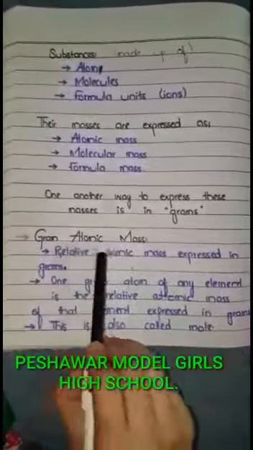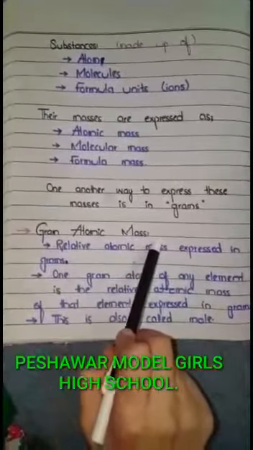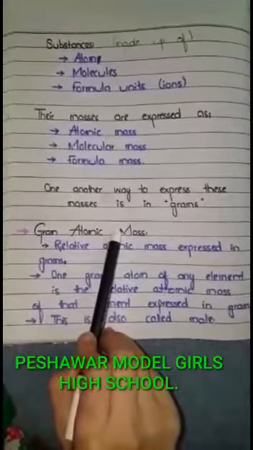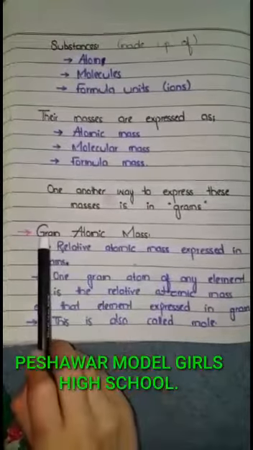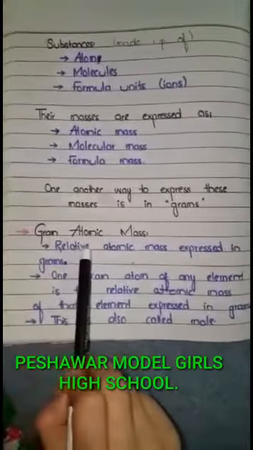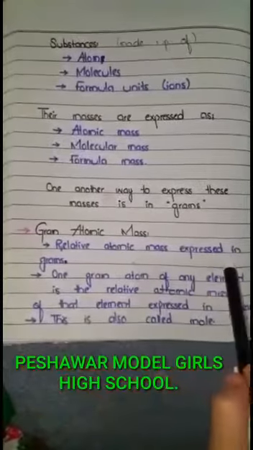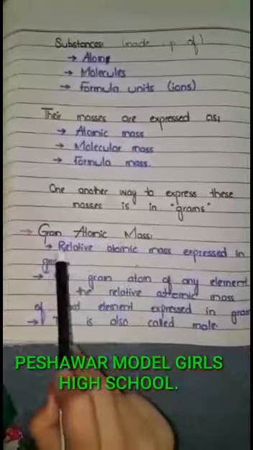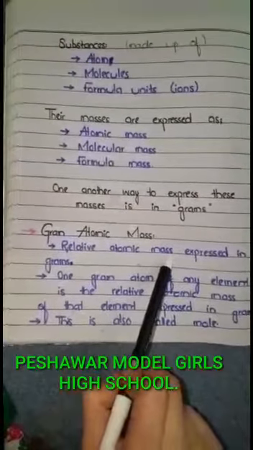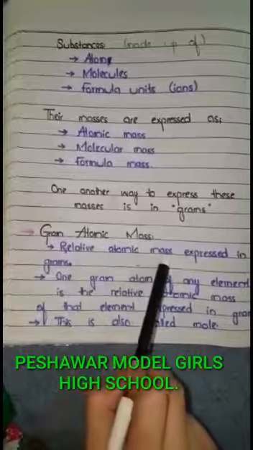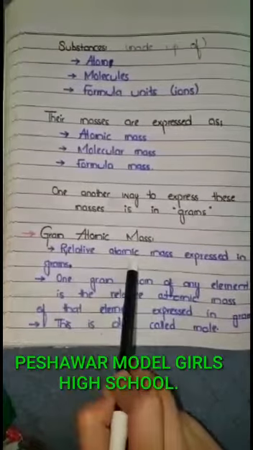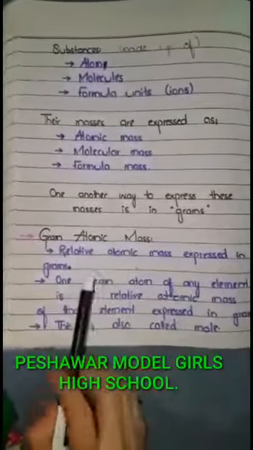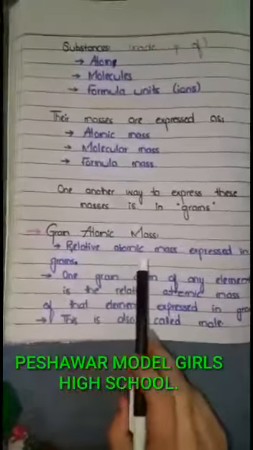Coming towards today's topic, that is gram atomic mass. The word gram is showing you that here the atomic mass of an atom will be expressed in grams. So the relative atomic mass, when it is expressed in grams, this is your gram atomic mass. What is relative atomic mass? You already knew that relative atomic mass, we talk about this because the atomic mass of an atom is calculated in relation with another atom, and that was carbon 12.